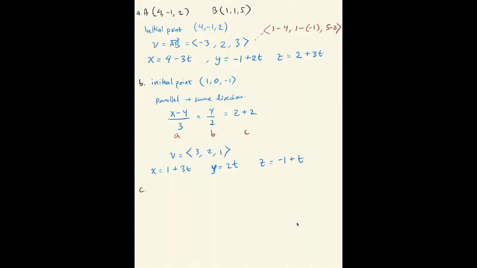And then C, let me write the initial point. It's negative 2, 0, 4. And then it said that it's perpendicular to 2x minus y plus 5z.